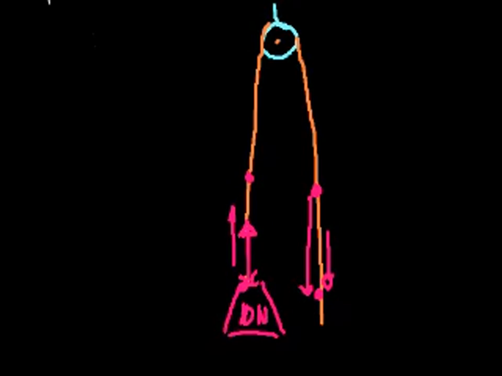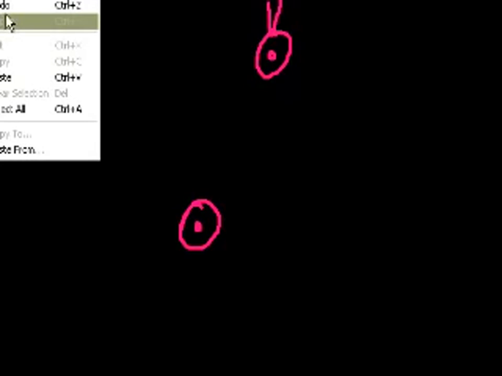So let's see if we can construct a pulley situation where the mechanical advantage is more than 1. Over here at the top, I still have that same pulley that's attached to the ceiling, but I'm going to add a slight variation. I have another pulley down here.